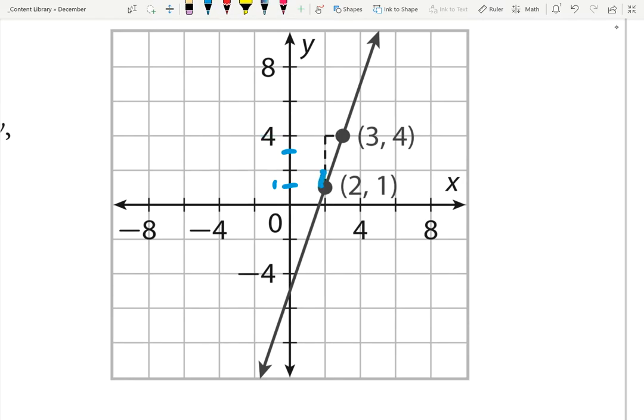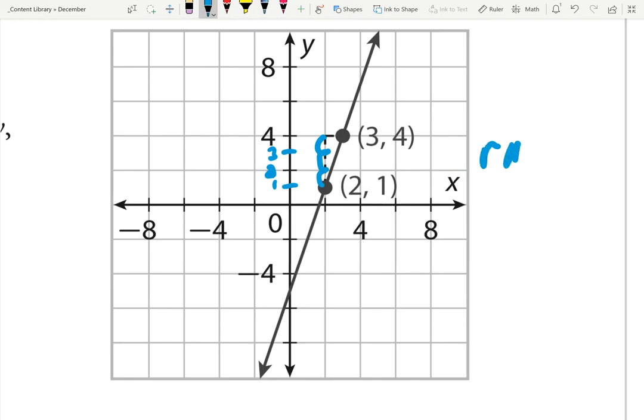So it goes from 1 to 4, an increase of 3. So 1, 2, 3. You have to remember that these are going by 2s here, so that's why I put these half marks, to help us keep count. So it goes up 3. That's a rise of 3.